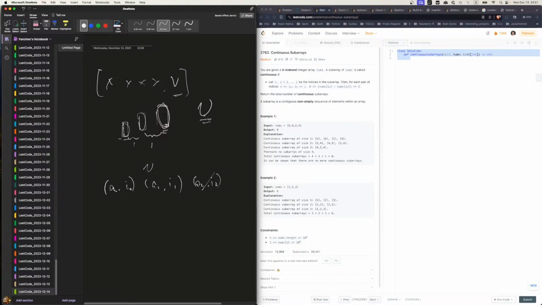Then it depends. So if v is bigger than this, but it doesn't work, and v is not too bigger than this, that must mean v is too bigger than the start, than the current smallest value. So it must be more than 2 bigger than this, which means in this case we need to pop this.